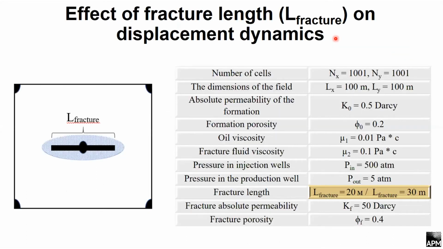The purpose of the first numerical experiment is to investigate the effect of the length of the fracture on displacement dynamics. 2 calculations were carried out with different fracture lengths. The calculation parameters are given in this table.